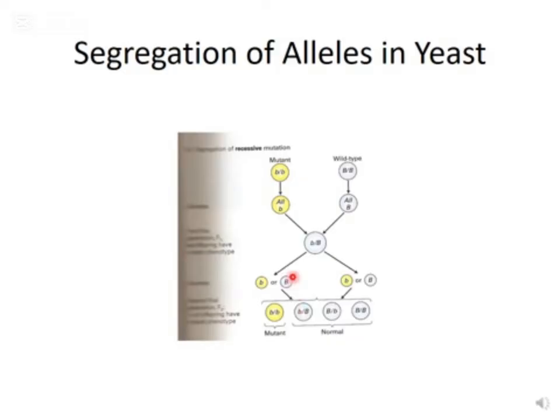Again, you can either get a dominant wild type with a recessive mutant or a dominant wild type with a dominant wild type. All of these are going to be wild type normal phenotypes.